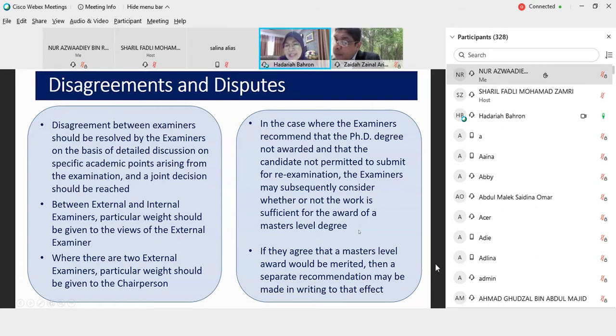We can do that. And if they agree that a master's level award would be merited for a PhD candidate, then a separate recommendation may be made in writing to that effect. Hopefully, this will never happen to anyone we know.